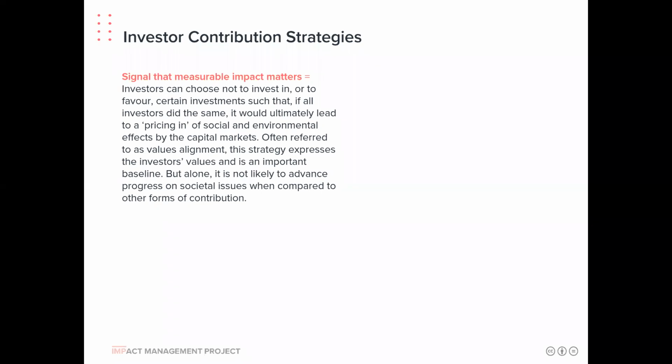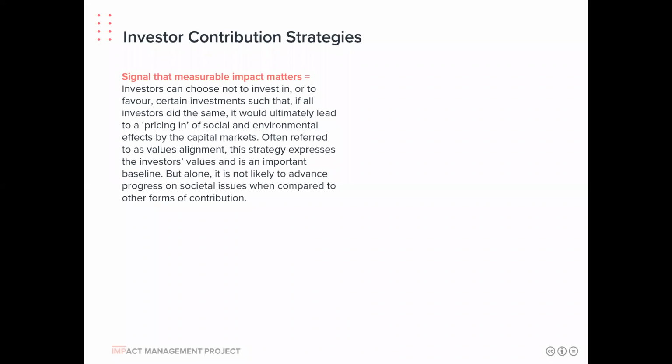So this is simply taking impact into account in the investment decision-making process in your deal selection, underwriting, portfolio management, and exits. This is something that if all investors did the same, that would lead to a pricing in of social and environmental impacts by capital markets.